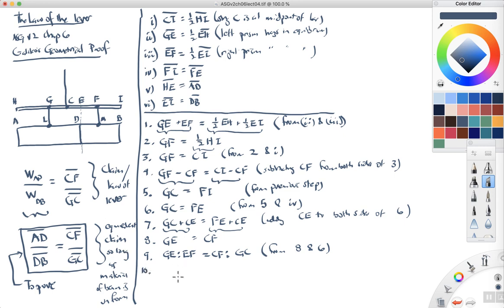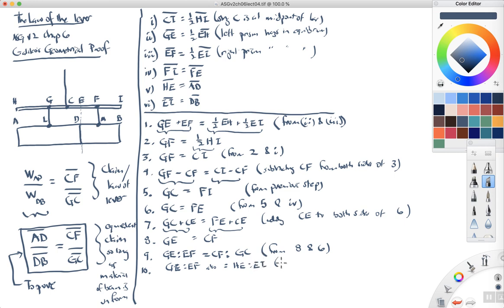All right, number 10. Now notice this is a side point, but GE is to EF. It's also equal to the ratio of HE to EI. Where does this follow from?